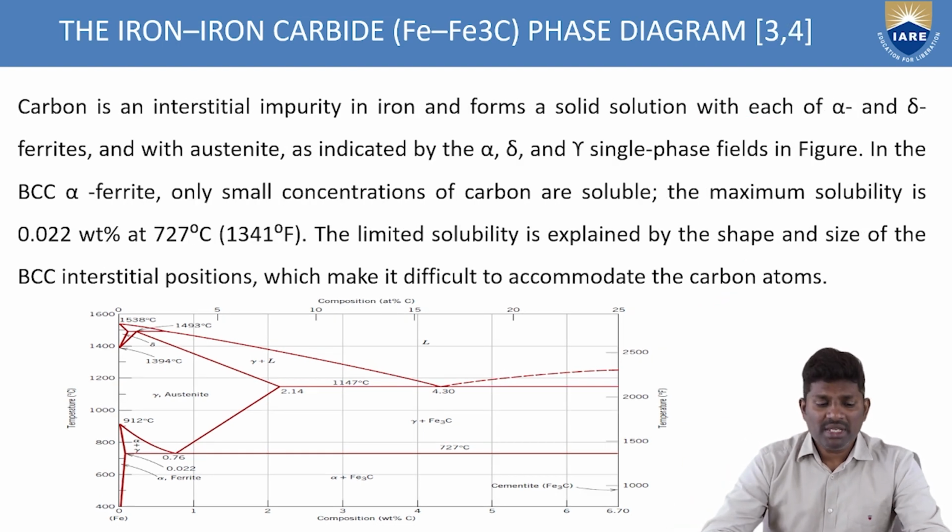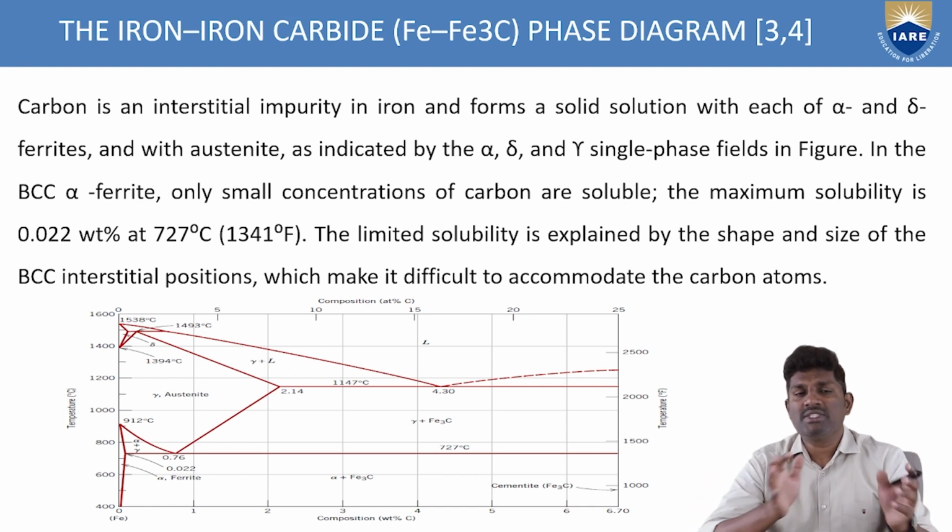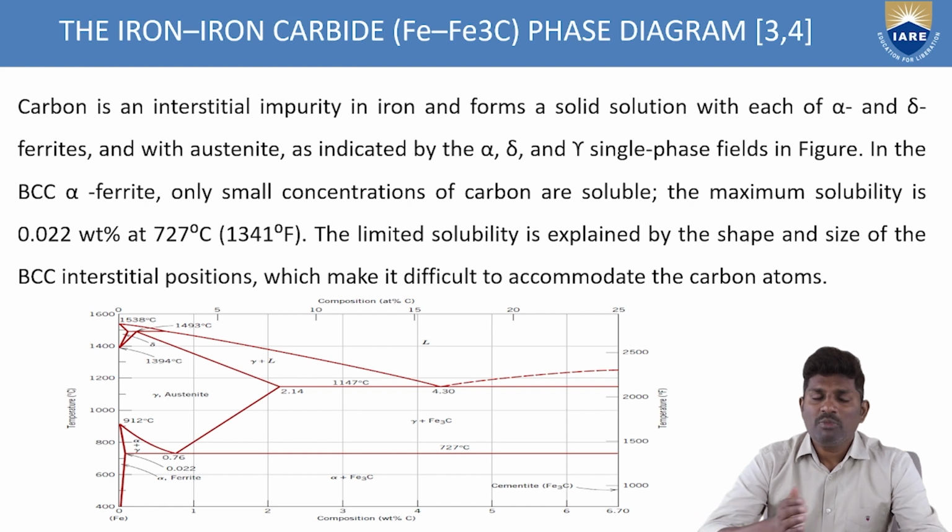Again, the carbon is an interstitial impurity in iron and forms a solid solution with each of alpha and delta ferrites. Whatever carbon is there, it is an interstitial impurity. Interstitial impurity is nothing but in between. Because of that impurity, it changes its orientation, converting from one position to another.